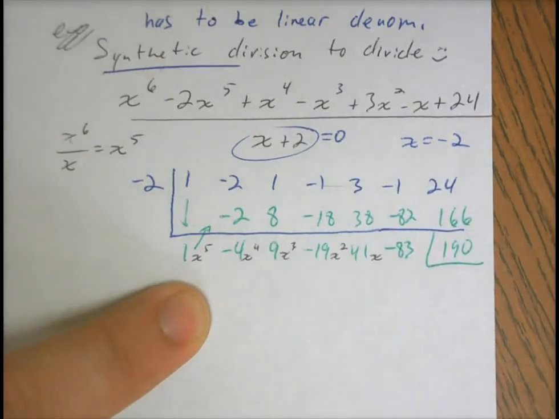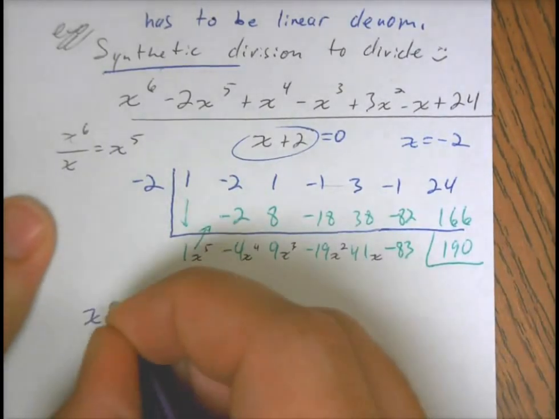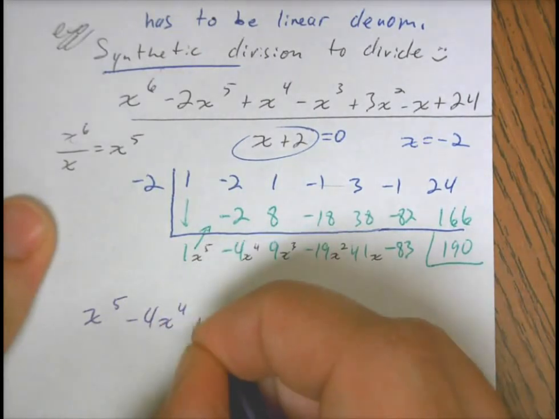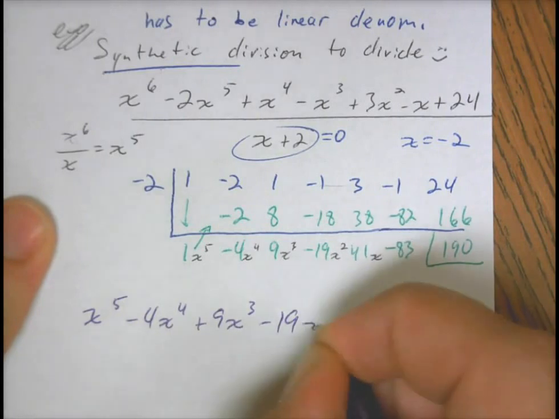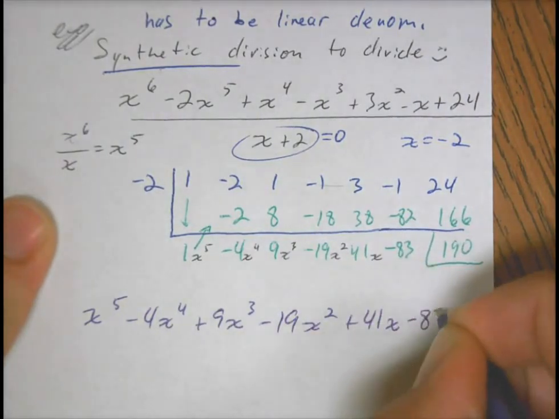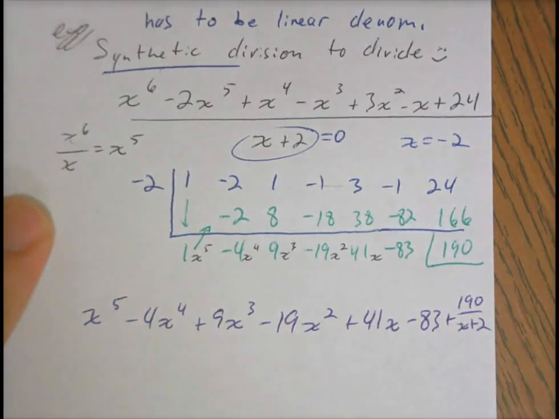Then it's just a matter of rewriting this so that your answer comes out as 1x to the fifth minus 4x to the fourth plus 9x cubed minus 19x squared plus 41x minus 83 plus 190 over what you're dividing by, which was x plus 2. And there it would be.